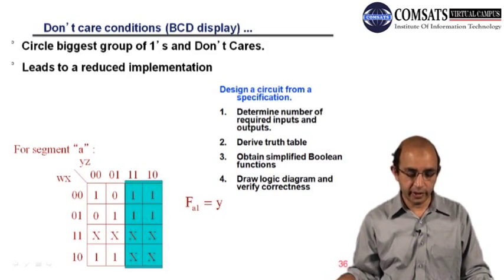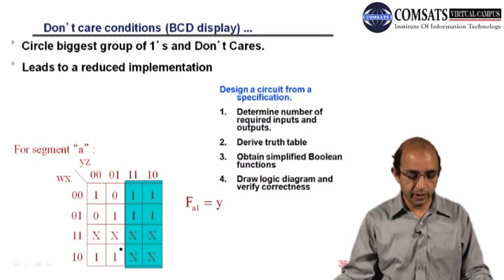If we don't use those don't care conditions, we will be left with this pair, and if we group this pair, we will have 3 literals, that is Y bar and WX bar.